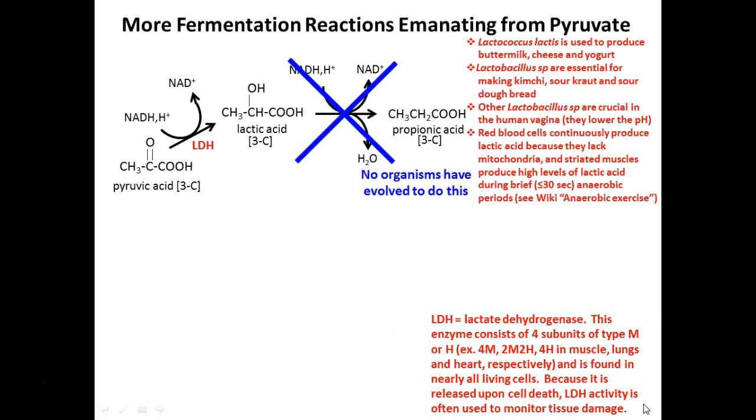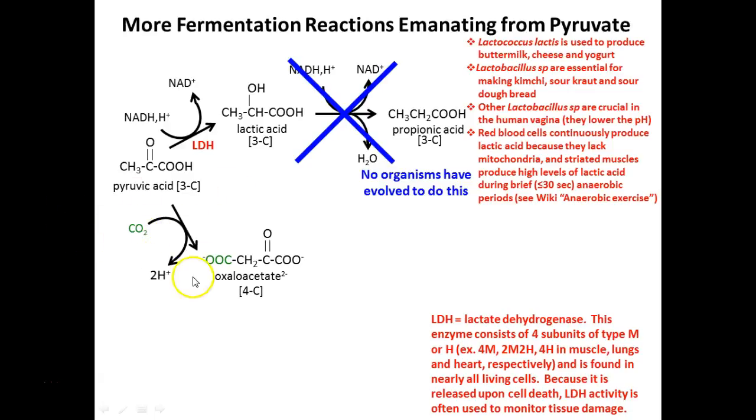One of the tests they run is to see if that enzyme is present in high levels in your blood, especially after someone's had a heart attack. They're looking for LDH levels. Because we want to be able to break down lactic acid, we don't want it building up, because it can go both ways. It can make lactic acid, but it also can break it down. A lot of enzymes can go both ways.